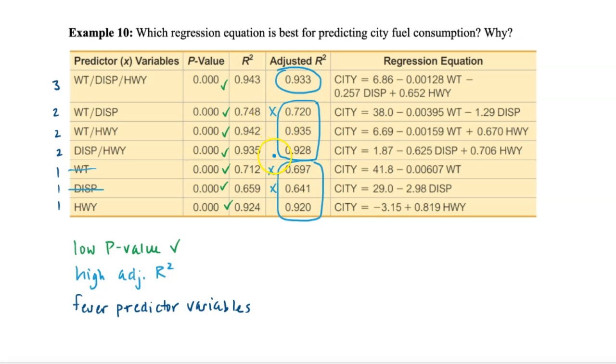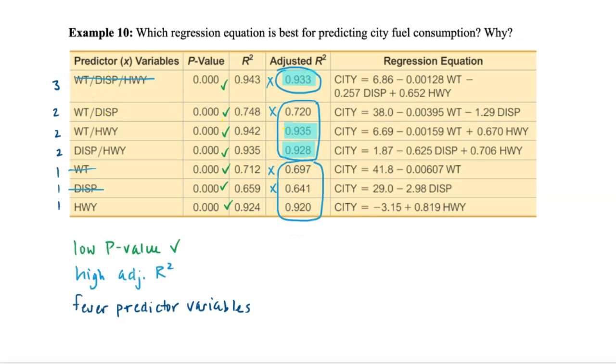So let's hold on to our horses there. Then finally, with 3 predictor variables, we've only got 1 adjusted R squared. But look, isn't this adjusted R squared kind of similar to both of these adjusted R squareds? In fact, it's lower than this one with only 2 predictor variables, and so this is out.